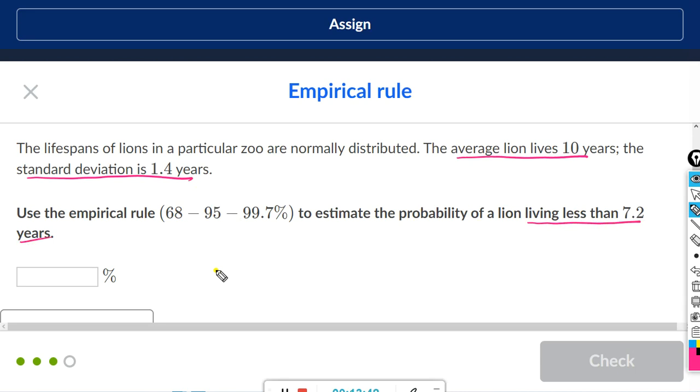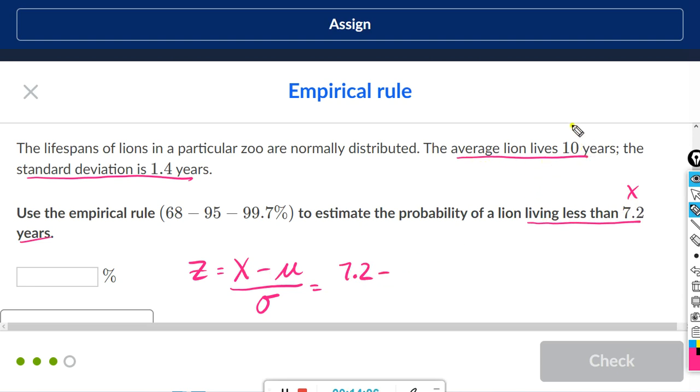All right, z-score is always first. That's going to be x minus mu divided by sigma. Okay, so x is our data point, that's 7.2.